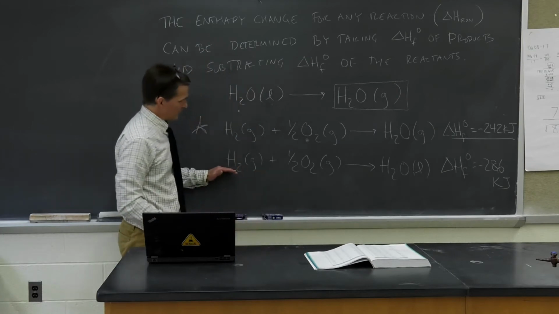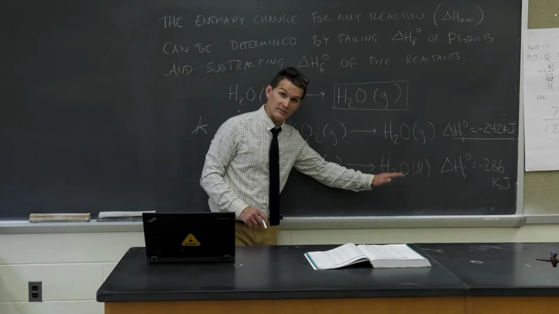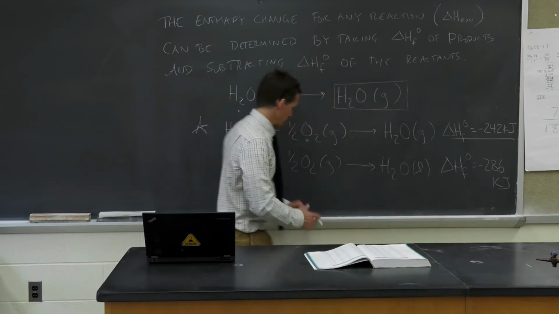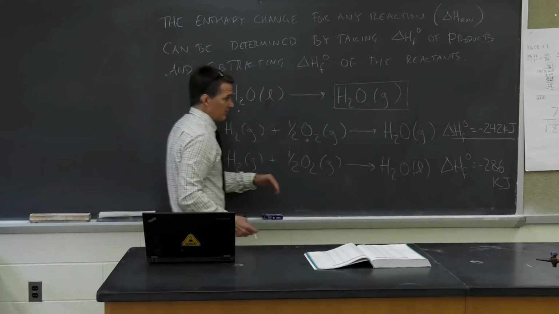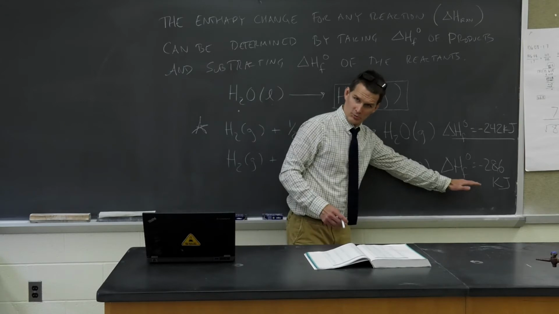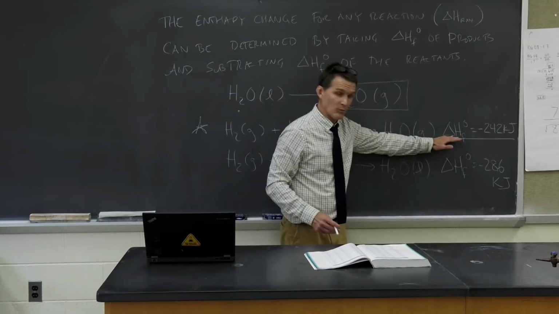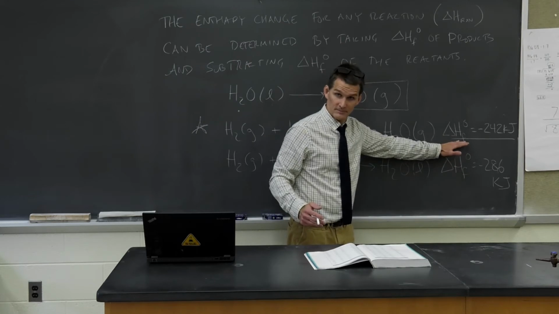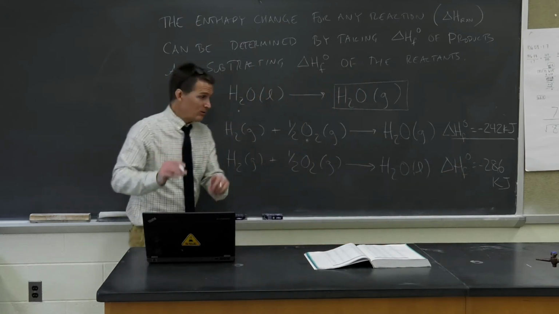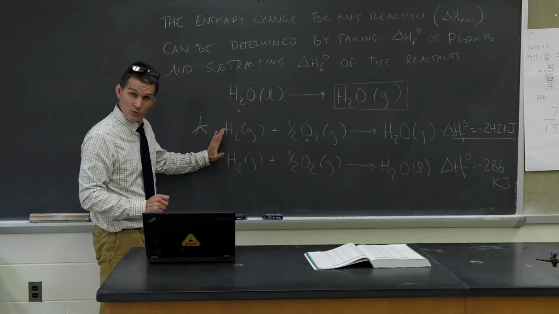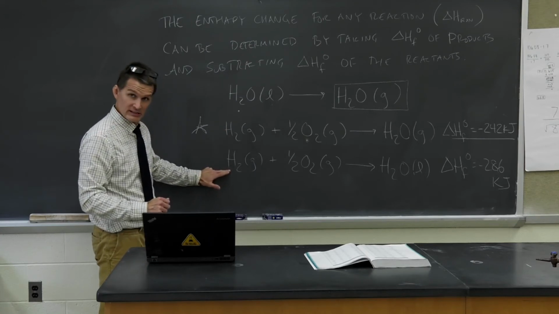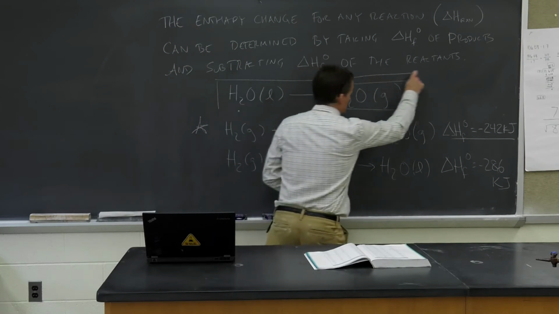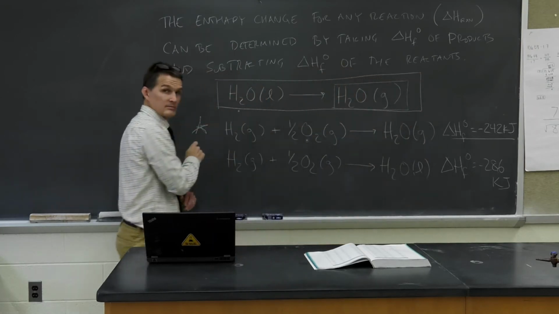So the formation of liquid water releases a little more energy. We're starting with the same stuff, but when we go to liquid water, a little more energy is released than when we start with the same reactants and go to gaseous water. Now, we should note that if I reverse this second reaction, I'll be able to recover this original equation.